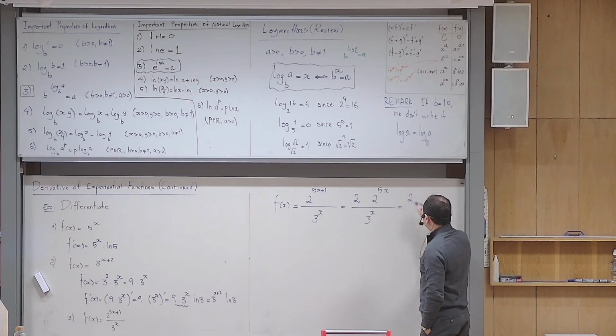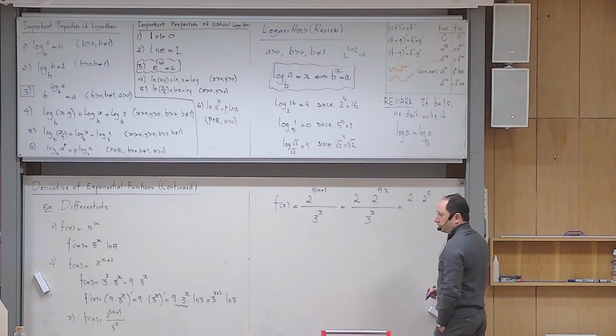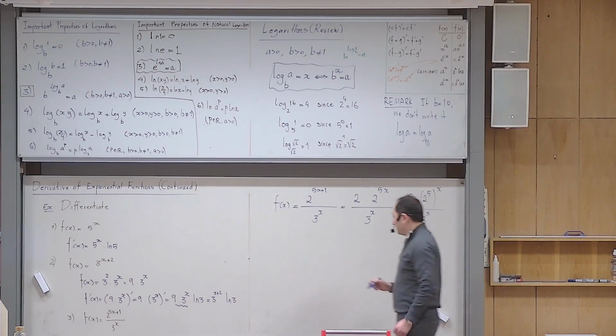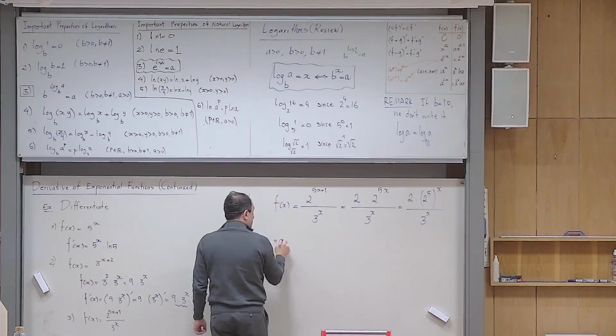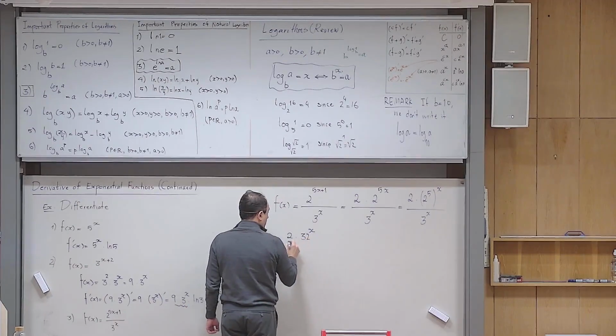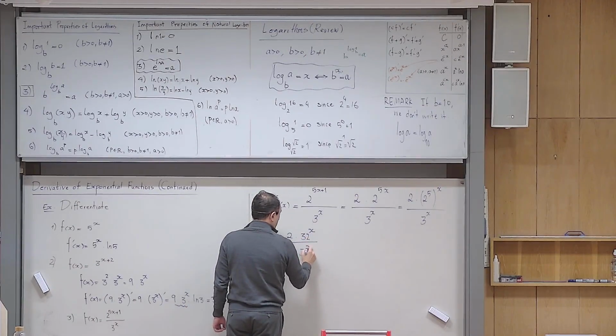So let me write it in 2 steps. Instead of writing 2 to the power 5x, I can write 2 to the power of 5 and then to the power of x, and then divided by 3 to the power of x. And then 2 to the power 5, as actually Ali mentioned, is actually 2 times 32 to the power of x divided by 3 to the x.